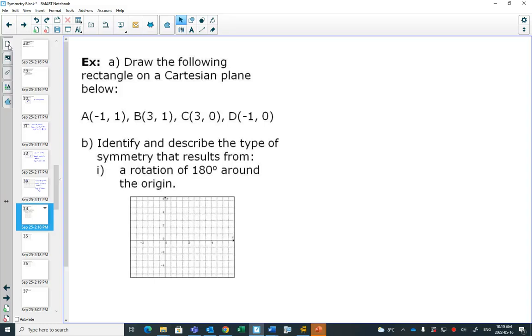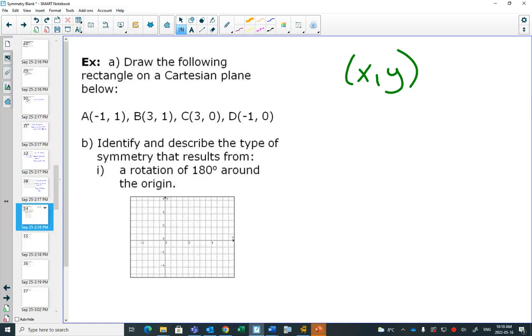Do I move along the x for the -1 or along the y? It's always x, y. You can think about it alphabetically. X comes before y in the alphabet.